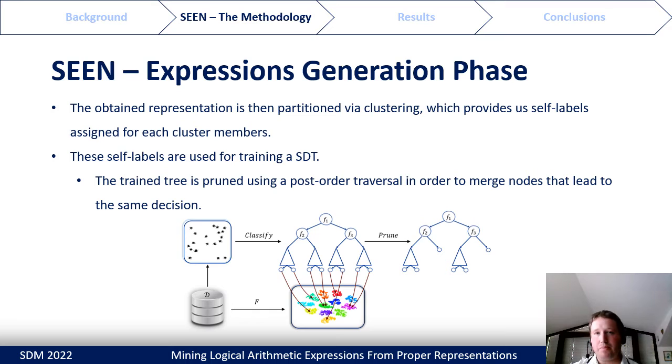Thus, I perform a post-order traversal on the tree and prune leaves of the same label. This results in shallower trees that are simpler in terms of path length and number of parameters, which in turn enhances the comprehensibility of the generated expressions.